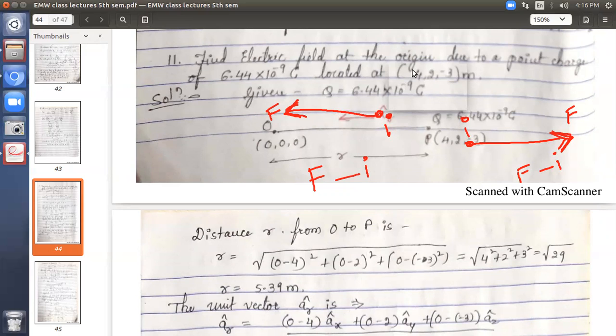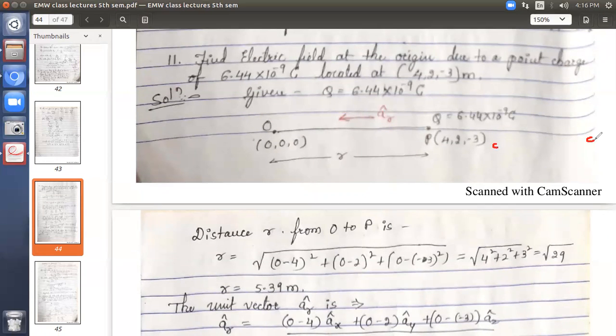Remember this while subtracting, because many times you may get confused, even in the case of force also. When we are deciding, if you see this is your q1 and q2, what we have done is taken one origin point, then dragged the lines, then according to whether the charges q1 and q2 are positive or negative, we decide these directions either in this way or in this way.